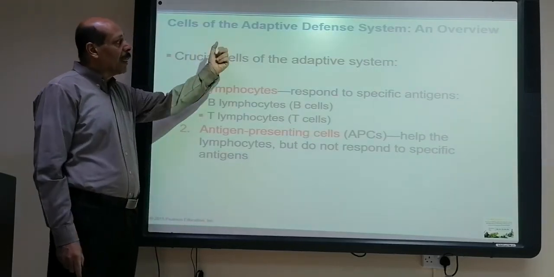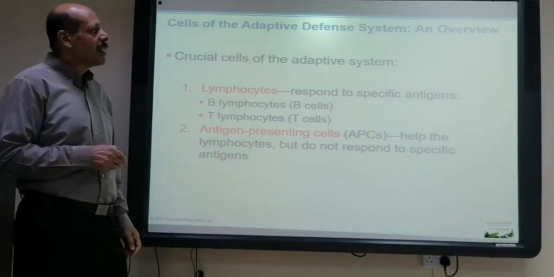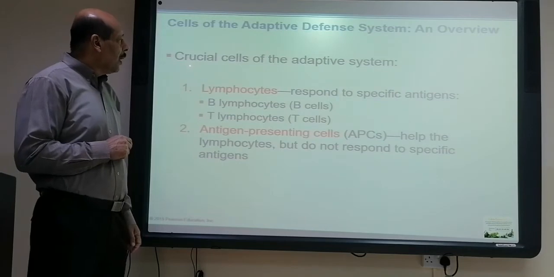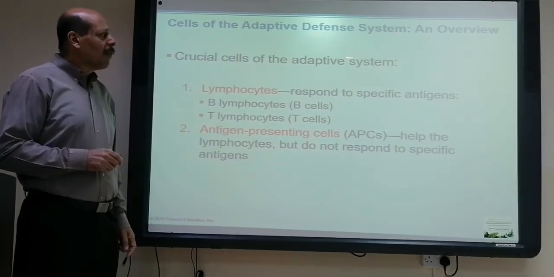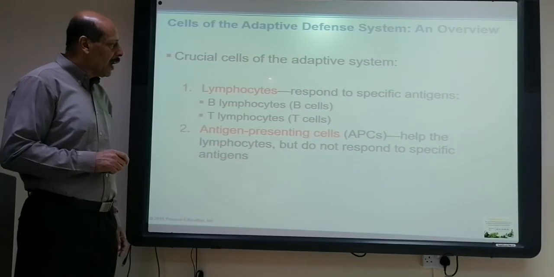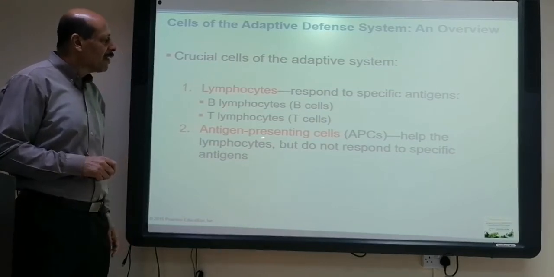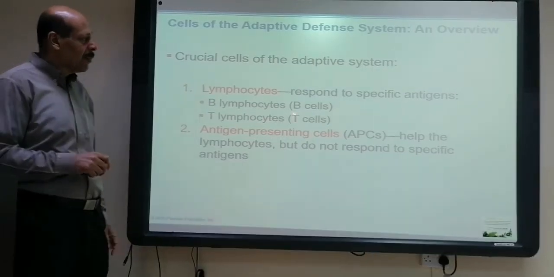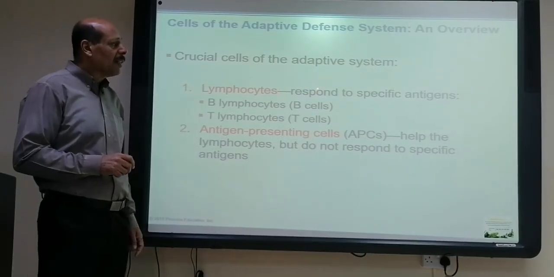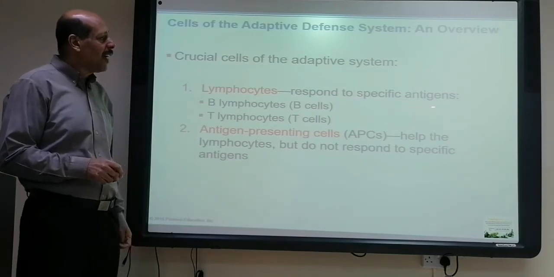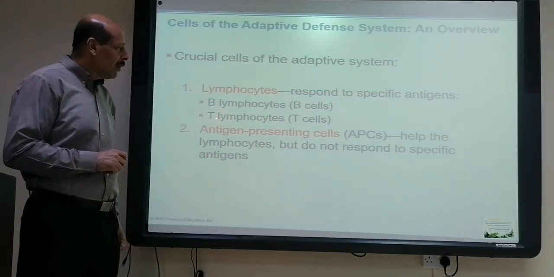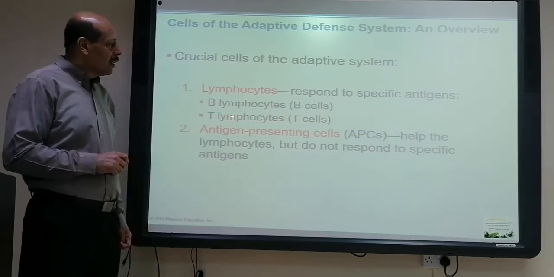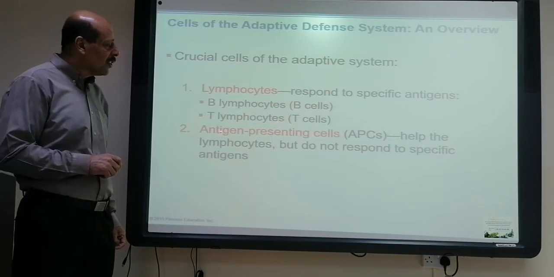Cells of the adaptive defense system. The crucial cells of the adaptive system are the lymphocytes and the antigen presenting cells. Lymphocytes respond to specific antigens; we have B lymphocytes and T lymphocytes.